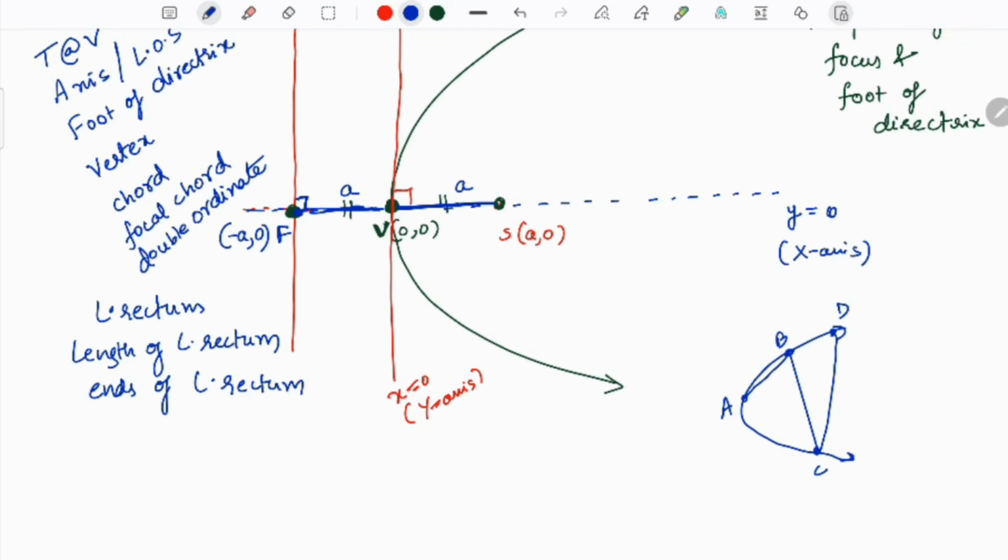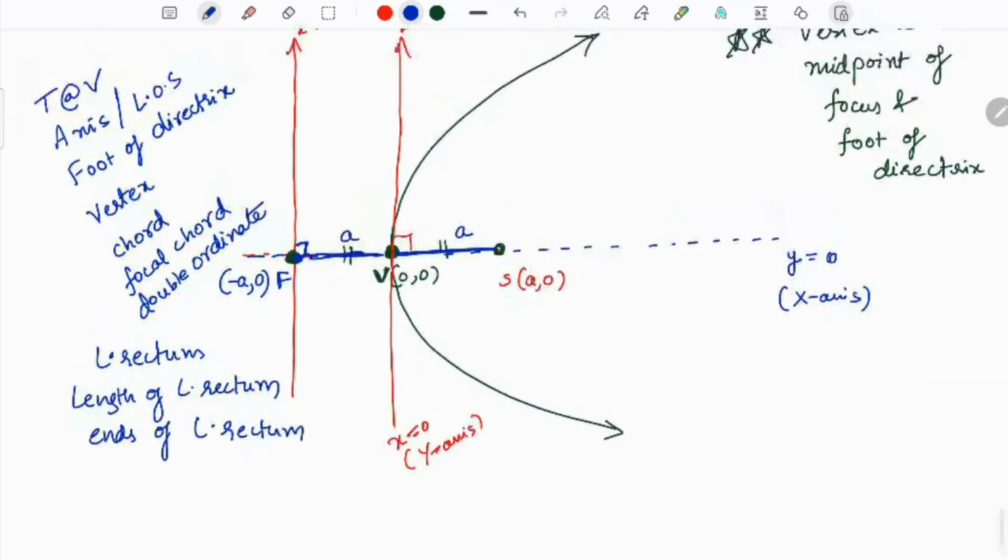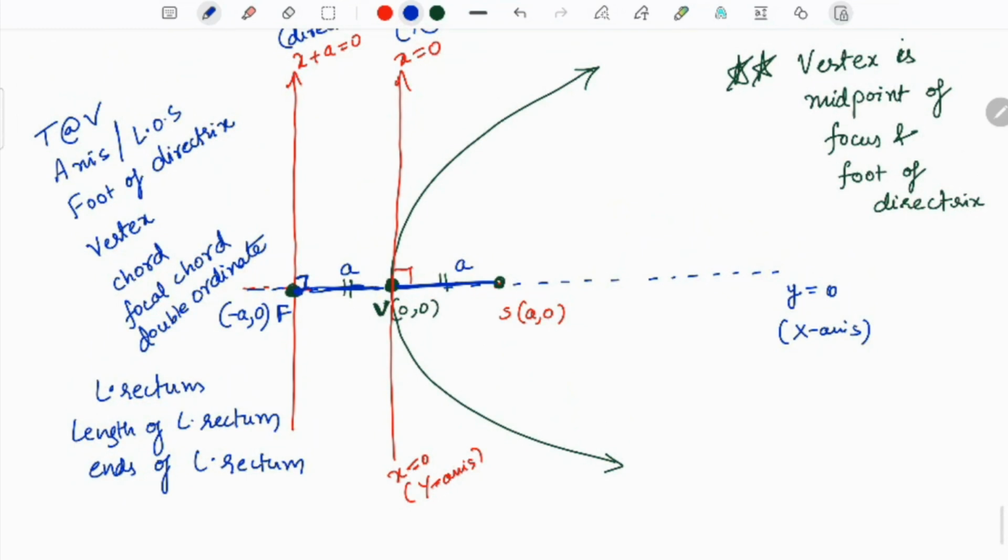What about focal chord? Can you anticipate the definition? What is definition of focal chord? Focal chord means chord which is passing through focus. So this is focal chord. This is focal chord.